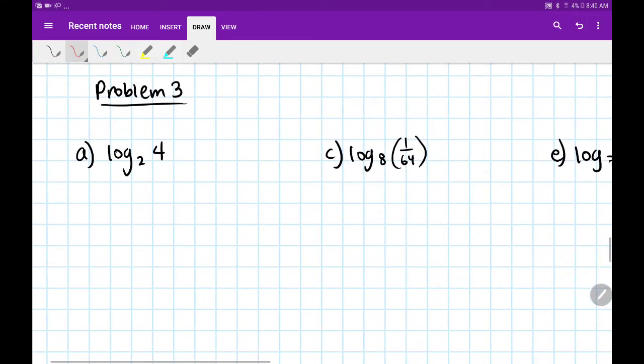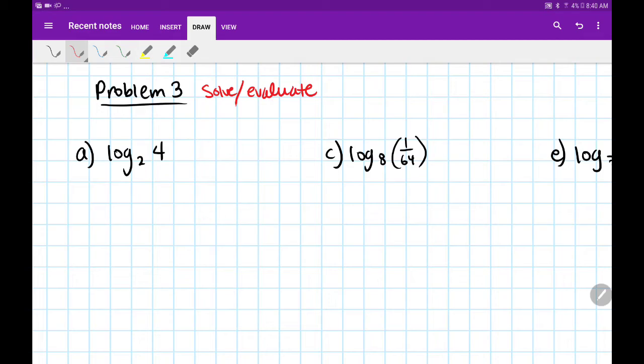All right, now this is the first time we're actually going to solve them. So in problems 1 and 2, we were just converting from one form to the other. Now we're actually going to solve, or evaluate, these logarithms. So what form are we in here?